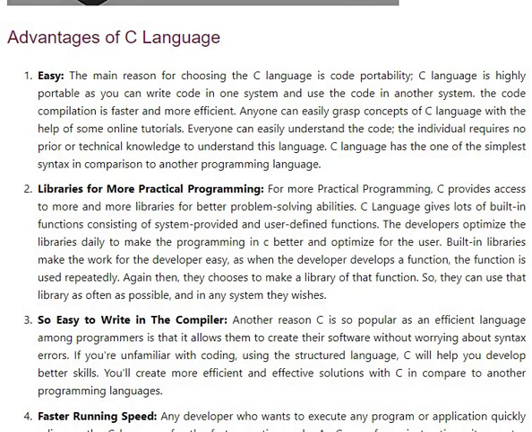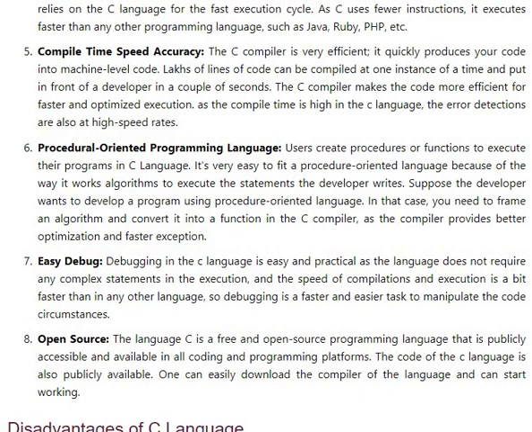C will help you develop better skills when you compare with other programming languages. The compiler is very efficient. So we have many compilers like Turbo C, Borland C, ANSI C.